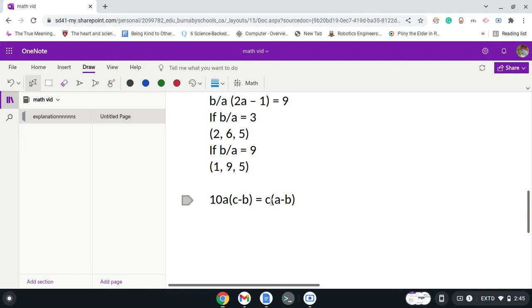So for the case equals to 5, we found new pairs 2, 6, 5, and 195.